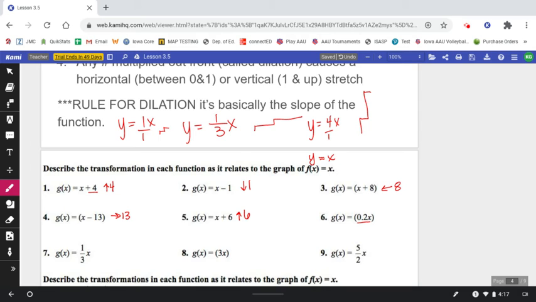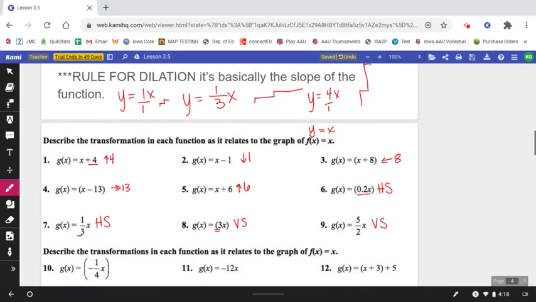So 0.2 is multiplied in front of the x. 0.2 is a number between 0 and 1, so this would be a horizontal stretch. 1/3 is a number between 0 and 1, horizontal stretch. 3 is a number greater than 1, vertical stretch. And 5/2 as a decimal is 2.5, which is greater than 1, vertical stretch.